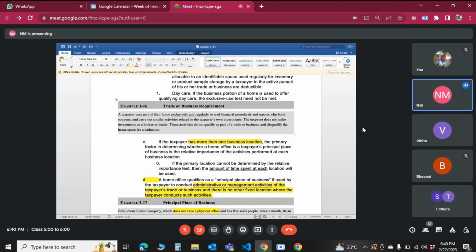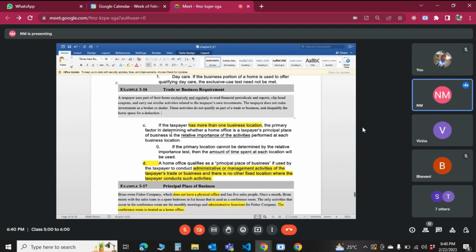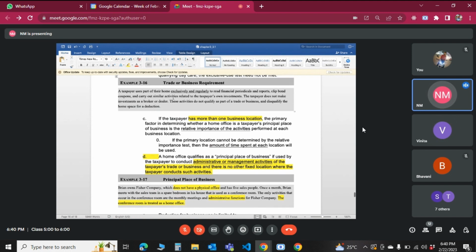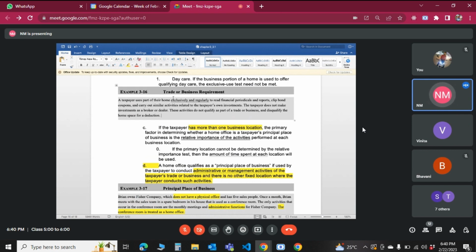We cannot say, "Every day I sit in my veranda and read Economic Times and Financial Times to make sure that I can make proper investment calls on what equity or what bond to invest in." That's not allowed because this person is not a broker or trader or dealer.